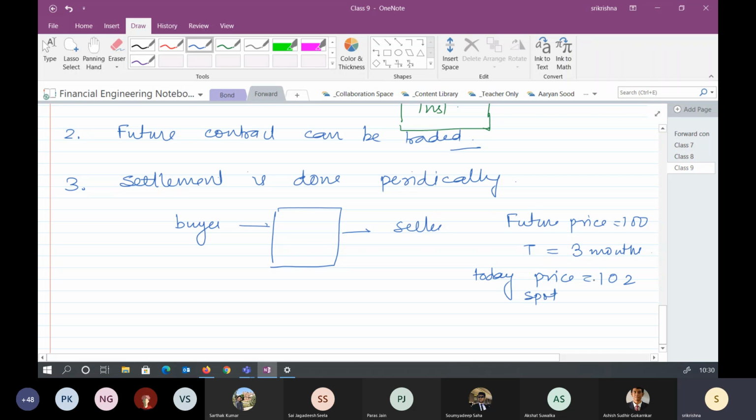Let's say that we signed the contract for 3 months on 1st of September, and today's spot price today is, what, 8th of September.